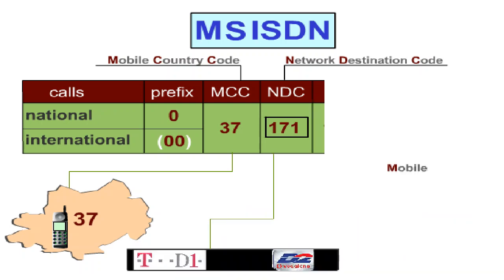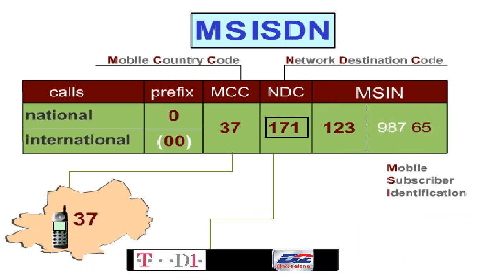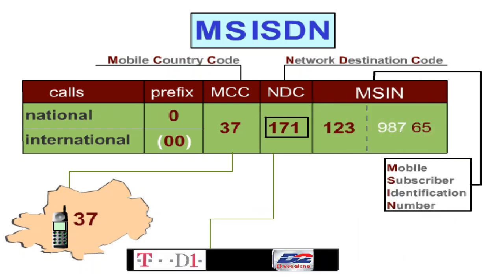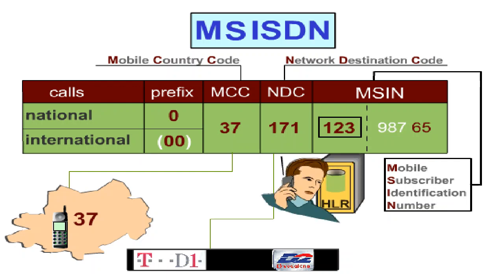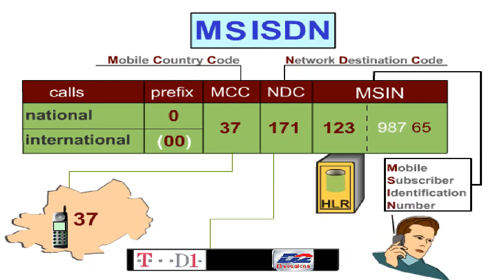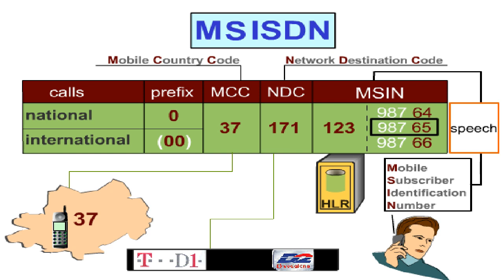The Mobile Subscriber Identification Number, MSIN, forms the fourth part of the MSISDN. The first 3 digits of this number determine the logical HLR where the GSM customer is stored and which is used to locate him or her. The remaining digits identify the individual subscriber, with different services like speech, fax and data services requiring different MSINs.